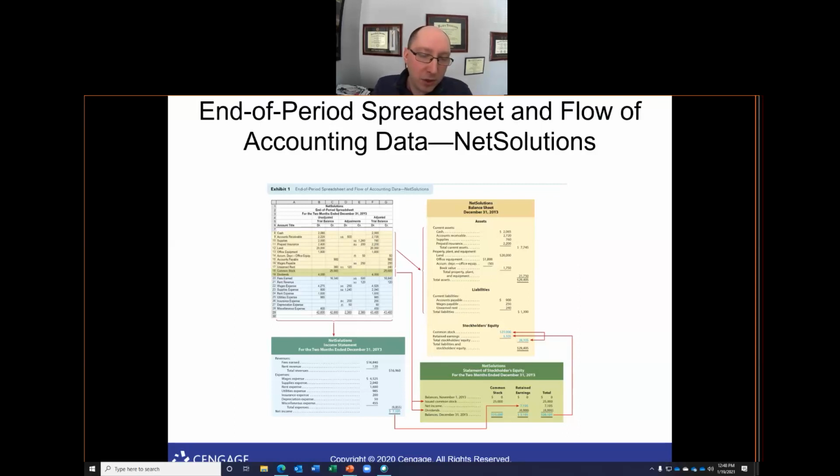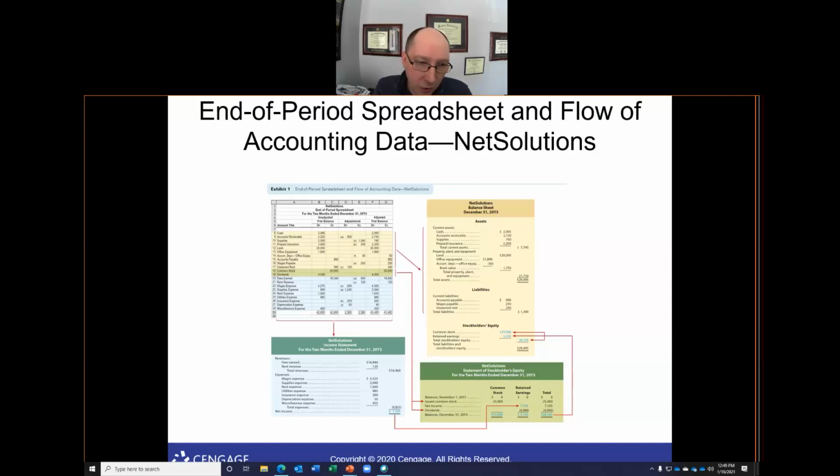Look at what we just talked about in the previous chapter, Chapter 3. We talked about the unadjusted trial balance, the adjusted trial balance, and adjusting entries. At the end of the accounting cycle, we transfer the adjustments from the income statement and the balance sheet to the balance sheet.